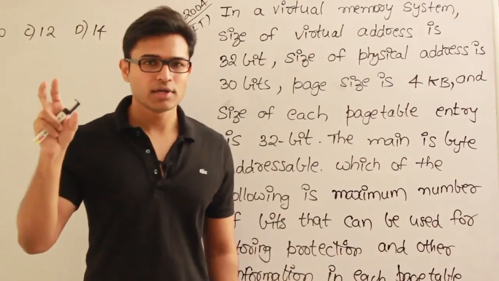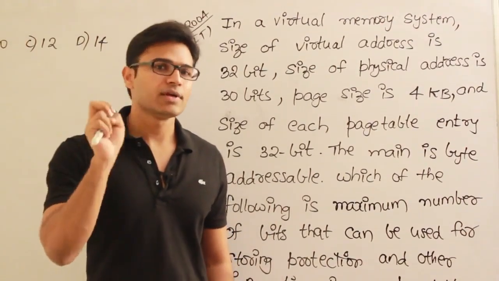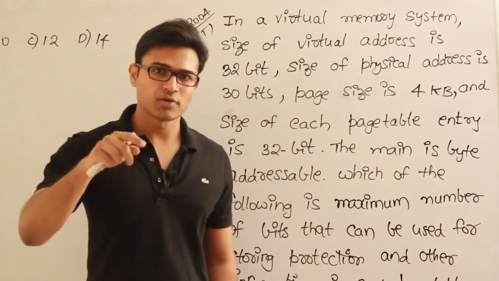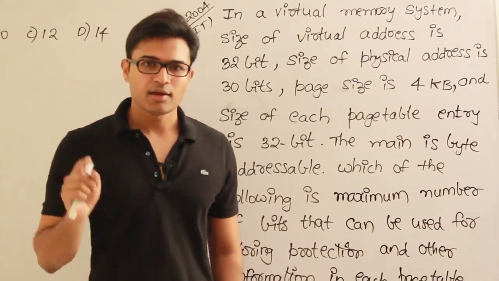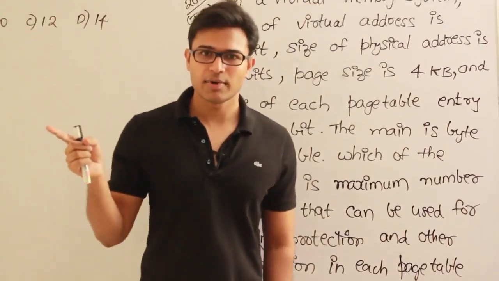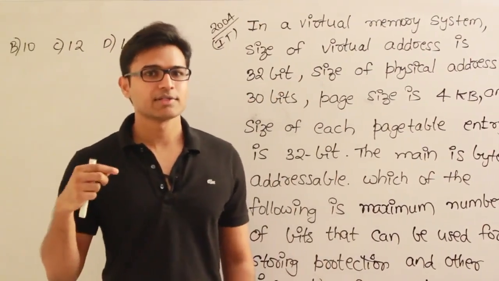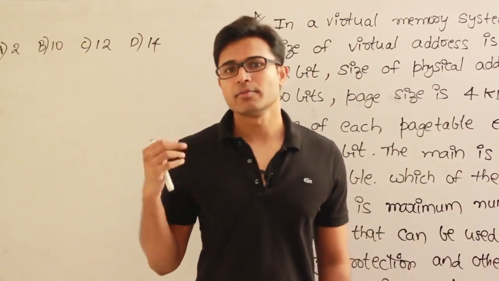We load only the part of the process which we can fit in the main memory and run it, and whenever this part is over, we pull it back and take the other part, exactly like overlaying, right? But overlaying is in the user's control, whereas virtual memory is completely provided by the operating system, and so the user is relieved of that burden.